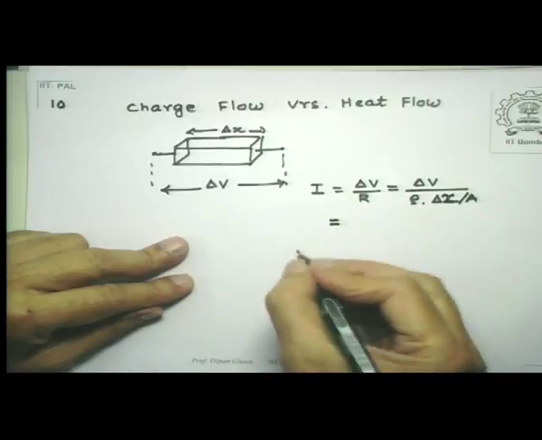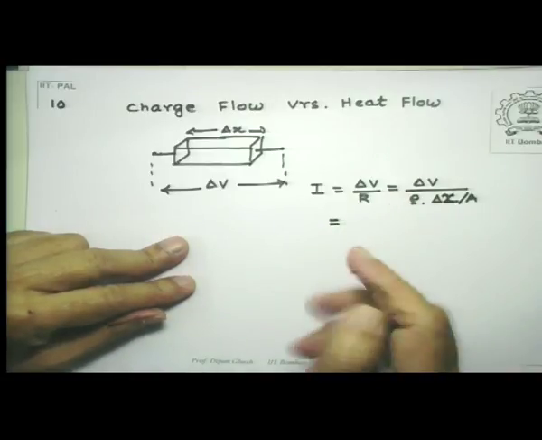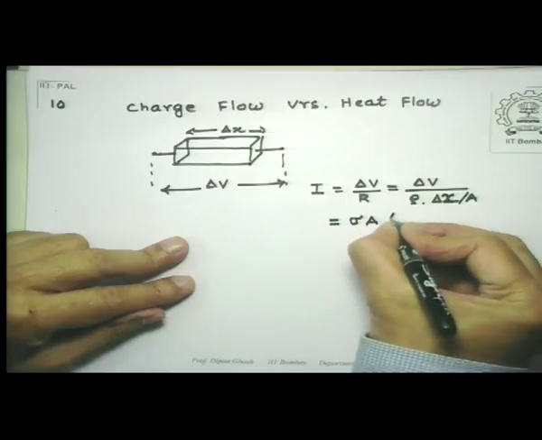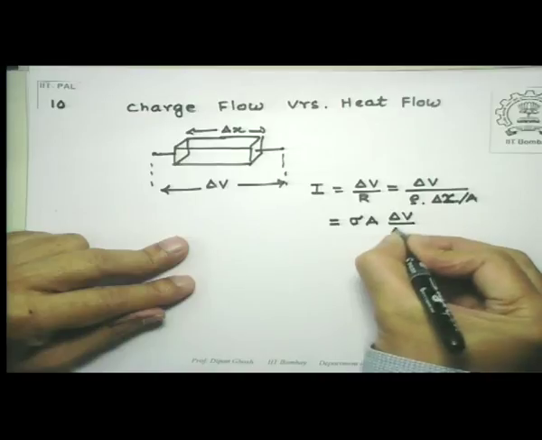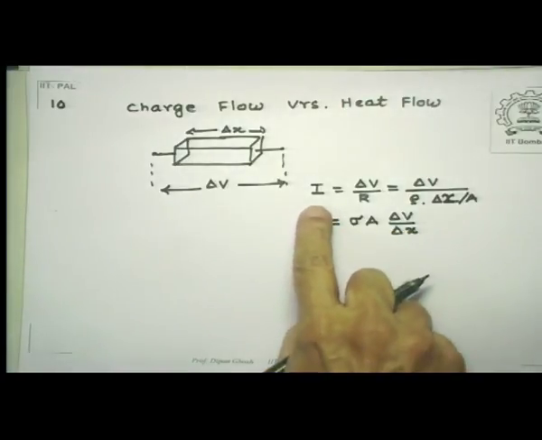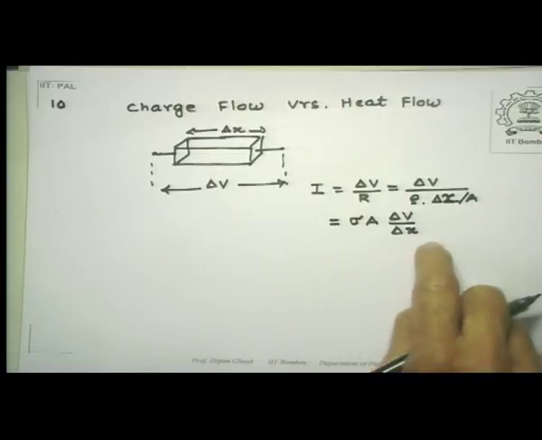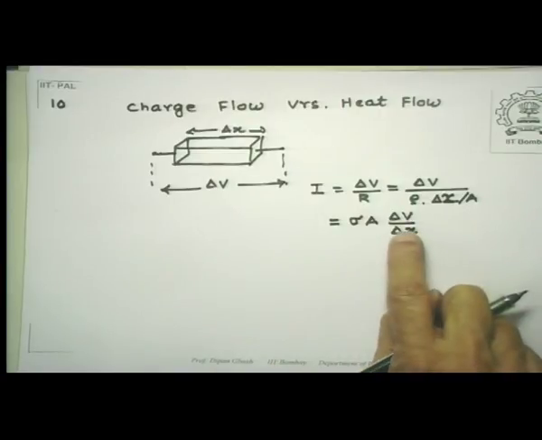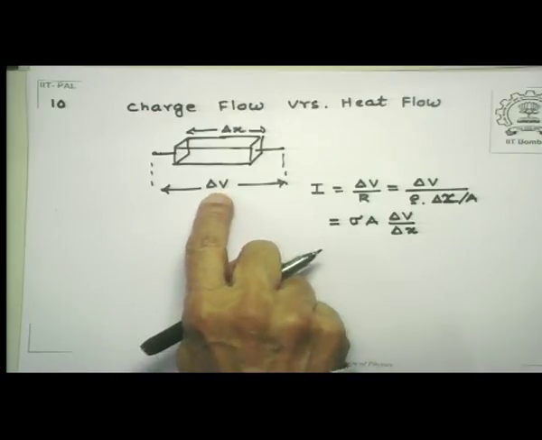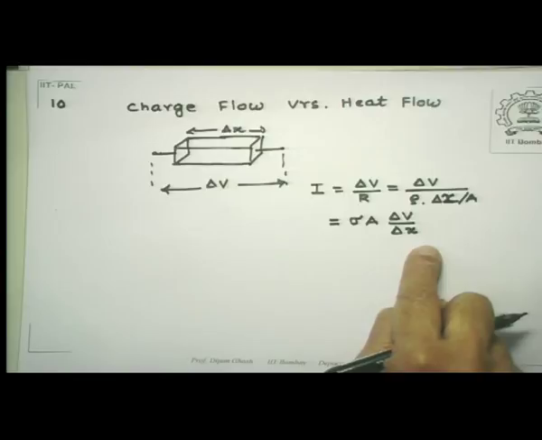And if you write it, remembering that 1 over rho is nothing but sigma, I get sigma A delta V by delta x. So notice that the current in this situation depends upon the gradient of the potential. Now, how does potential vary with distance?